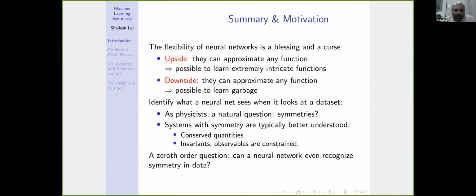That's because they are so much better understood. If you have symmetries, then you have conserved quantities, you have invariance, your observables are constrained by the symmetry. So for a data set with symmetry, it would definitely be interesting to know that a neural network can actually recognize symmetry in data.